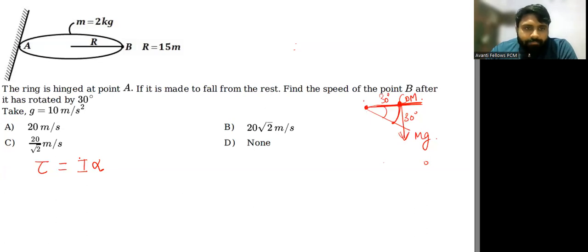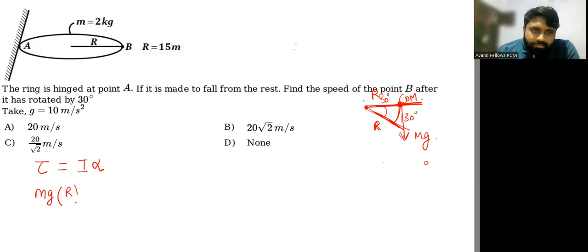So this equation we are going to follow. We know that the radius vector is also rotated by an angle 30 degree. Initially the radius was like this, and finally the radius has been here. Okay. So the mg force is the only force responsible for rotating this ring. You can apply this, mg into r by 2.